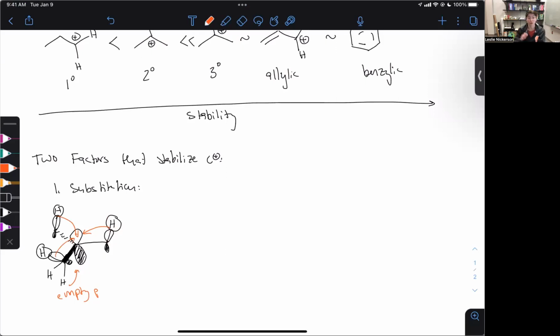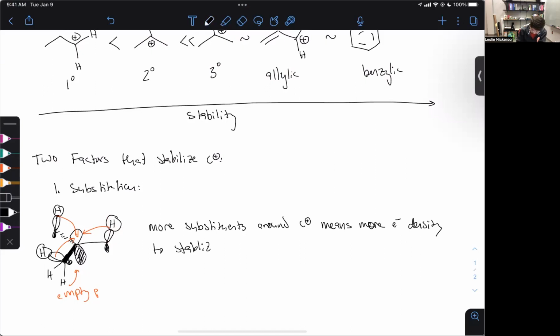Okay, so I can have all of those pushing electron density in the middle towards that empty p orbital. So that's substitution. We're looking for more substituents around our carbocation, which means more electron density to stabilize that empty p orbital.